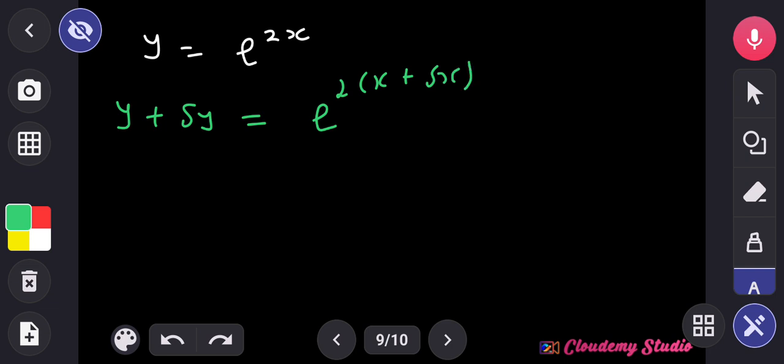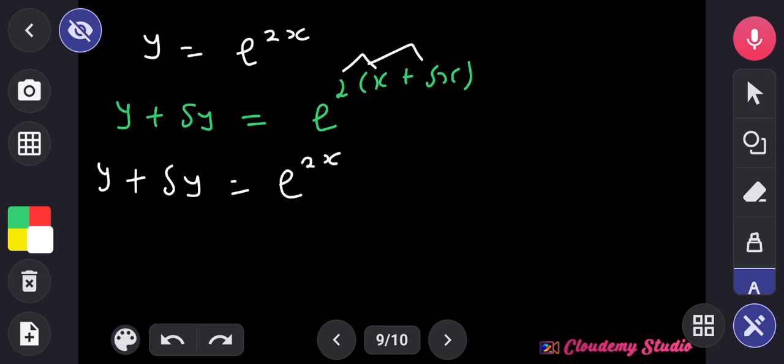Now, the next thing is that I'm going to open this particular bracket with 2. And I'm going to be having y plus delta y equals exponential 2x plus 2 delta x.